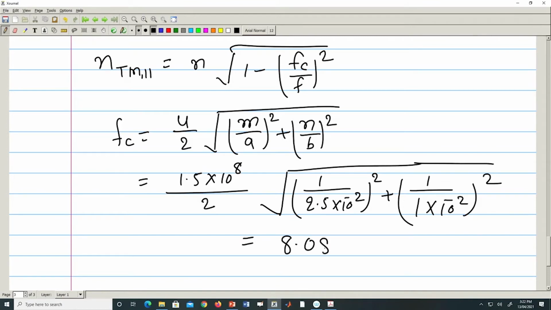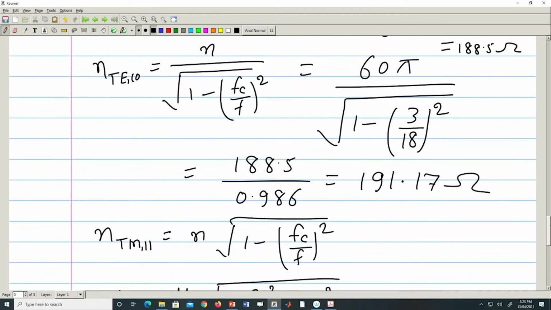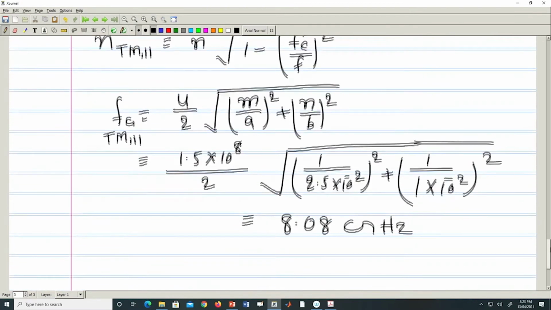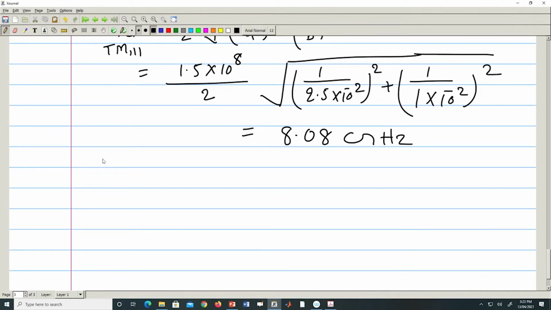After this, eta will be the same as for the TE10 mode, that is 188.5, and Fc is known, F is known. So now we can directly substitute all the values. The wave impedance for TM11 will be 188.5 into the square root of 1 minus (8.08 divided by 18) whole square.